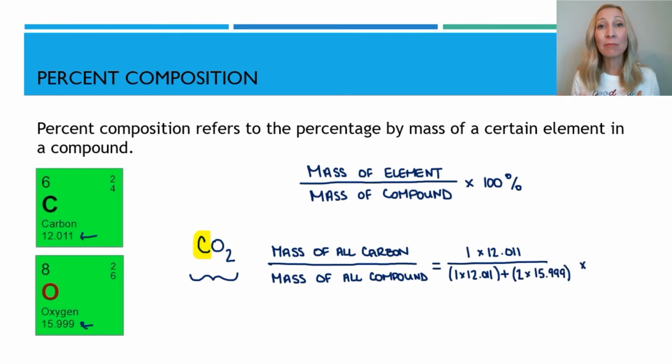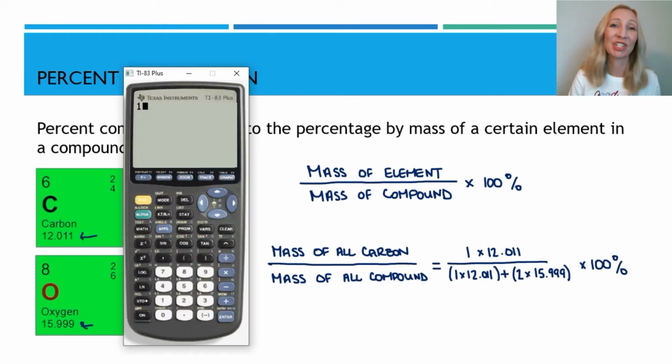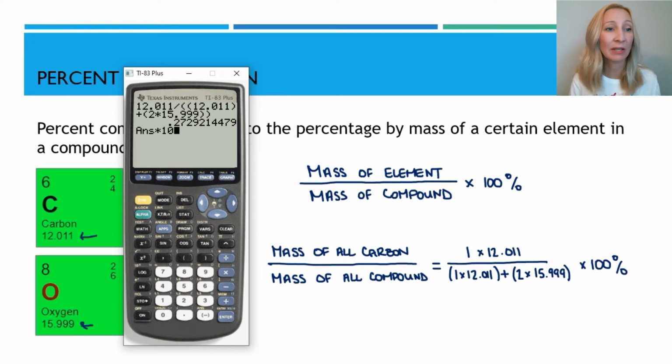We're going to take that and multiply by 100% to get this decimal to turn into a percentage. So 12.011 divided by 12.011, that's the carbon in the carbon dioxide, plus the oxygen, 2 times 15.999, times 100%, or times 100 to turn that decimal into a percentage.